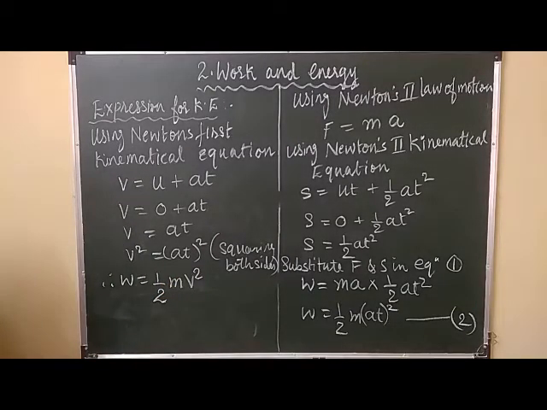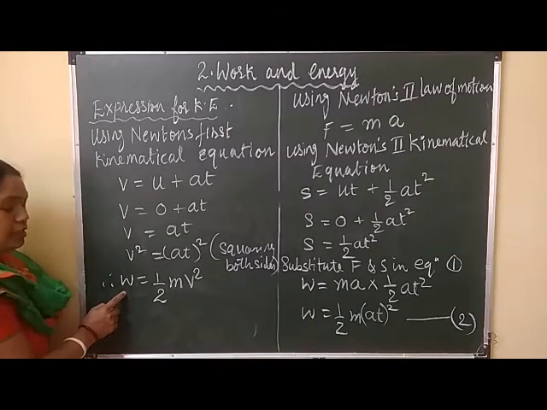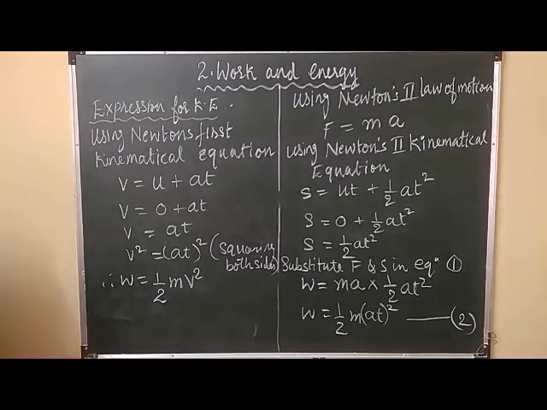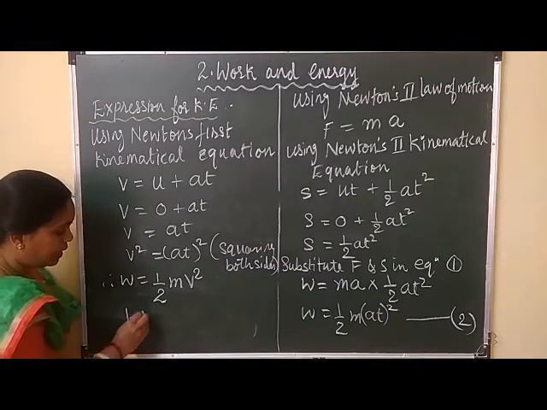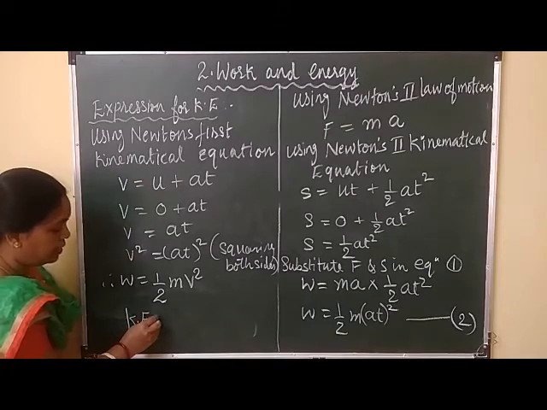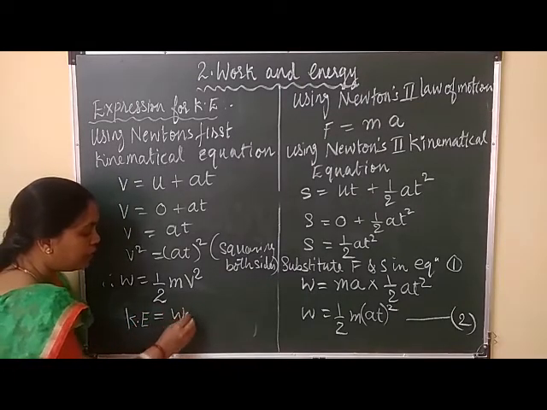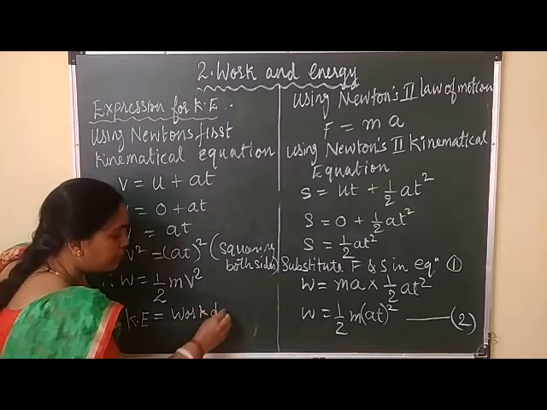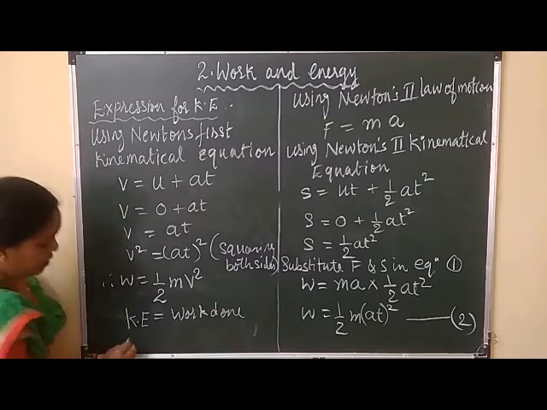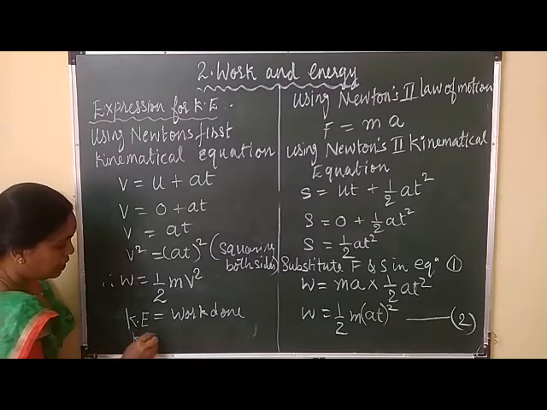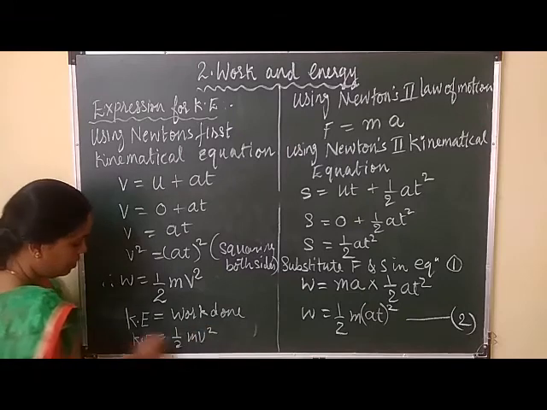Got it? Now we know that this work done was due to kinetic energy. So we get the expression for kinetic energy. Kinetic energy is equal to work done. So we can write kinetic energy is equal to half mv square.